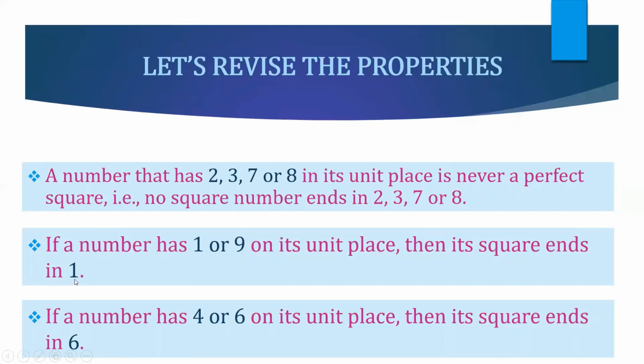Such a square will always have 1 on its unit place. If a number has 4 or 6 on its unit place, then its square ends in 6, because we know that 4 squared is 16 and 6 squared is 36. So in both cases, we have 6 on the unit place.